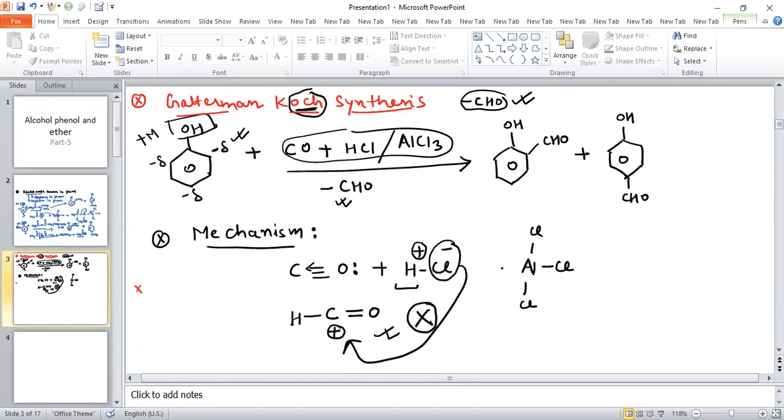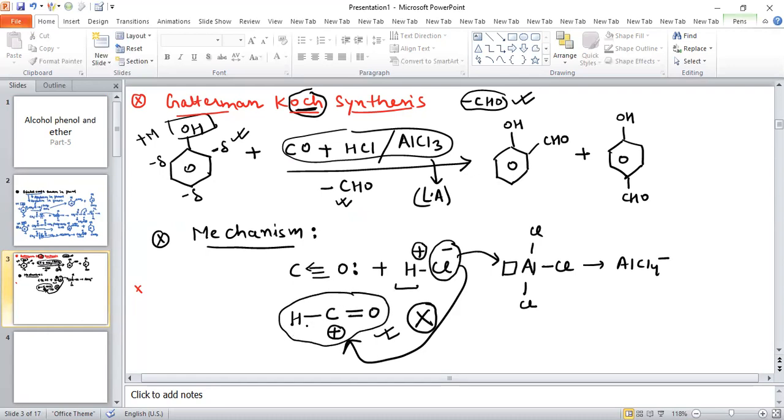Therefore, we use anhydrous AlCl3 to remove this Cl. It will be removed in the form of AlCl4 minus. Therefore, we use the Lewis acid. Now we have the intermediate, so this electrophile is freely generated.